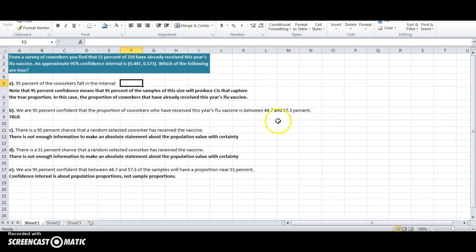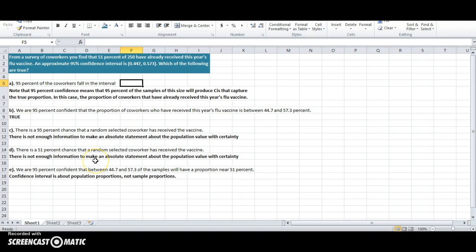So, part C is there is a 95% chance that a randomly selected coworker has received the vaccine. And for this question, part C, there's not enough information to make absolute statements about the population. Because we just don't have that much information to actually make any statistical inferences about the population itself outside of this proportionality.